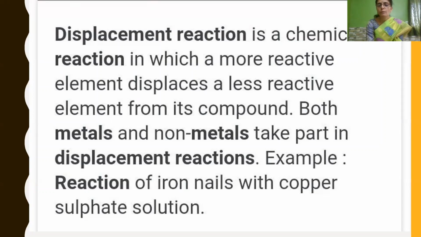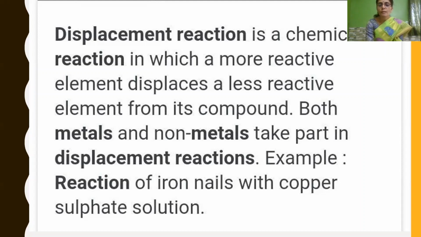In this compound, copper is a metal. So you have to compare these two metals, iron and copper. Iron is more reactive than copper, so iron will displace copper from its compound, that is copper sulfate solution.